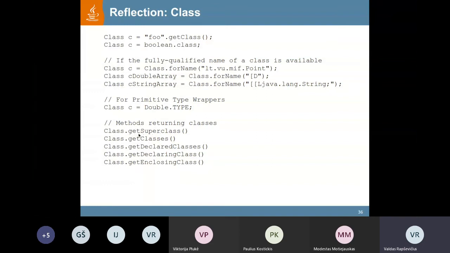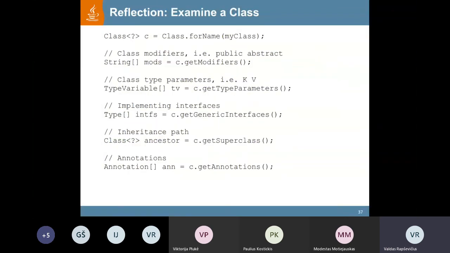For instance, getSuperclass gives you access to the superclass, getClasses gives associated classes like nested classes, and those enclosed in the current class can be accessed like this, as well as declaring and enclosing classes. So various types of classes are possible to access from within the class.